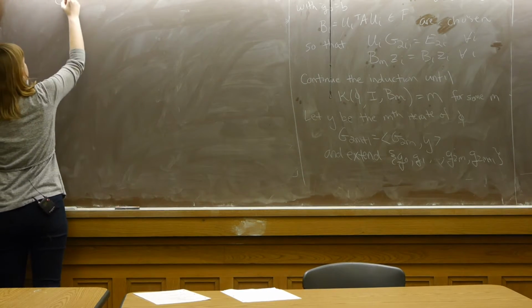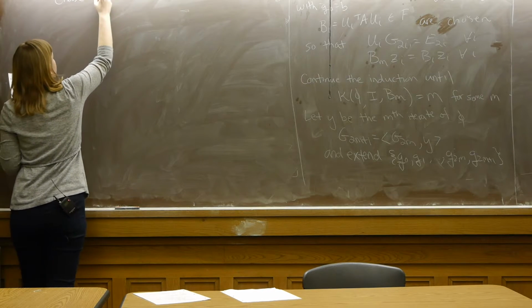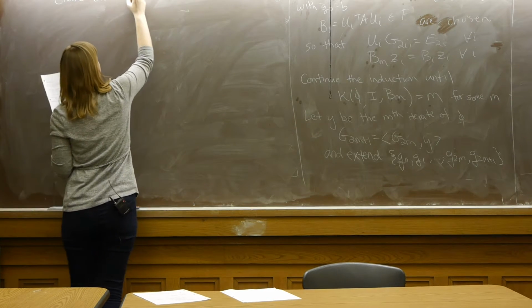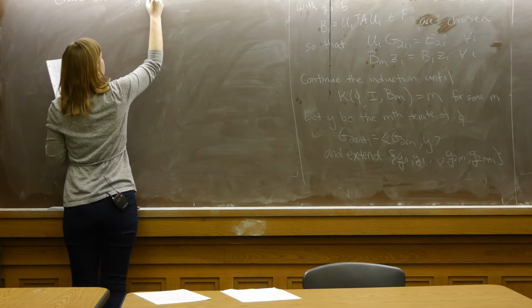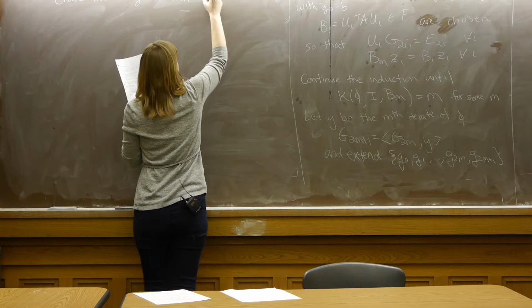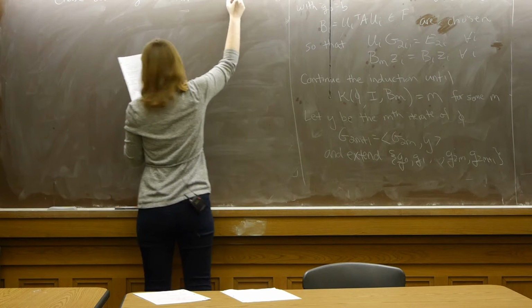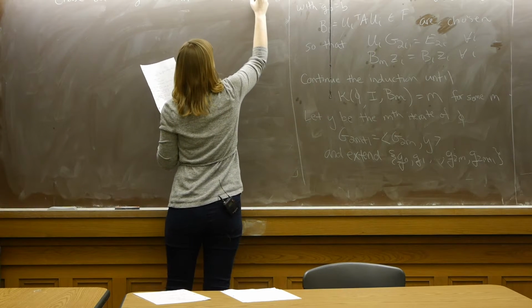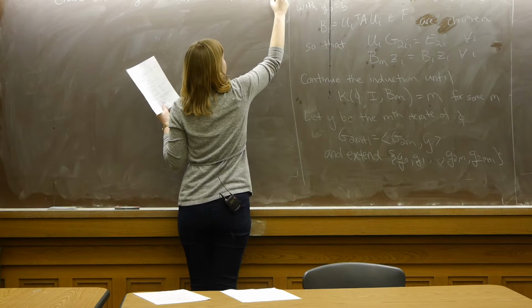And then we choose an orthogonal UM plus 1 such that UM plus 1 G2M plus 1 is equal to E2M plus 1.